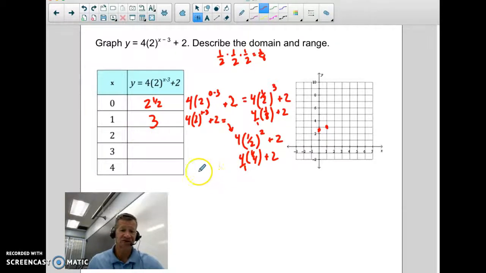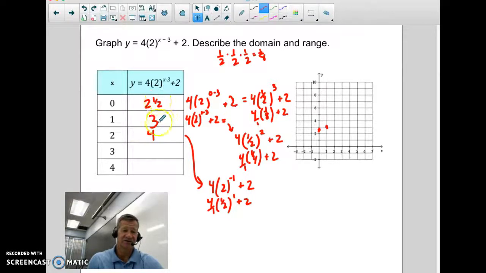We'll put a 2 in next, and I'm going to go a little faster now. We all know 2 minus 3 is a negative 1, right? So 4 times 2 to the negative 1 plus 2. Well, we don't like the negative exponent, so let's change this to 1/2 so we can make this a positive 1. Half to the first is a half. 4 over 1 times 1 over 2 is 4 over 2, which is 2. 2 plus 2 is 4.